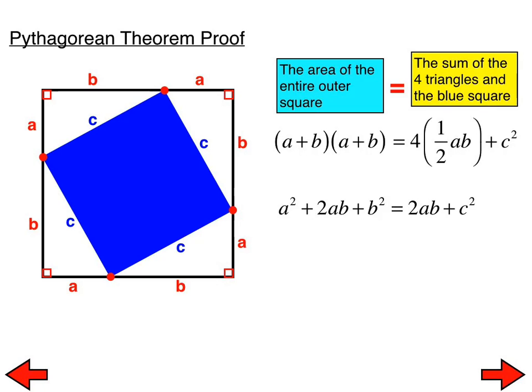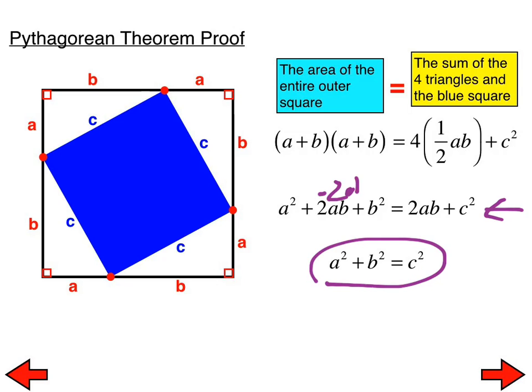So in order to make it look like that, if I subtract 2ab from both sides, I have a squared plus b squared equals c squared. So this is one very popular proof of the Pythagorean theorem. Now remember, how I got to here from this step right here is I subtracted 2ab from both sides, which left me with a squared plus b squared equals c squared.